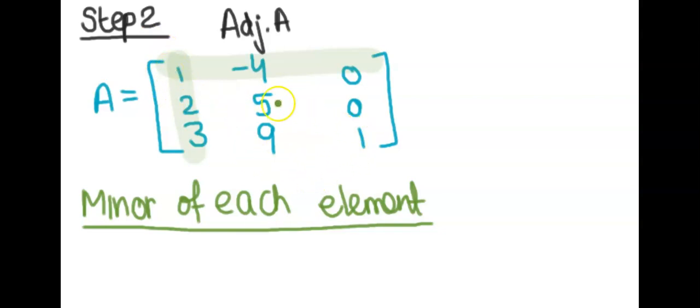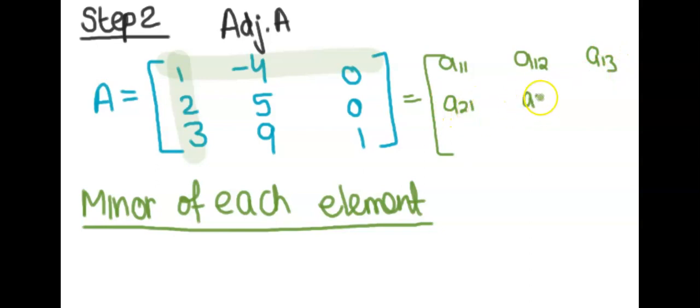So this is the way we name them. Because the matrix is A, the minors are A11, first row, first column, A12, A13, A21, A22, A23, A31, third row, first column, A32, A33.